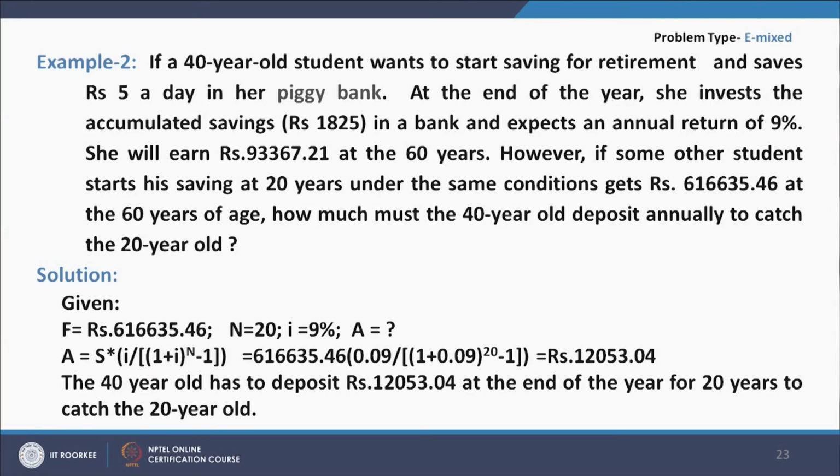We take a mixed problem, problem E, mixed type. If a 40-year-old student wants to start saving for retirement and saves rupees 5 a day in her piggy bank, at the end of the year she invests the accumulated saving, which is 1825, in a bank, and expects an annual return of 9%. She will earn about 93,367.21 at the age of 60 years.